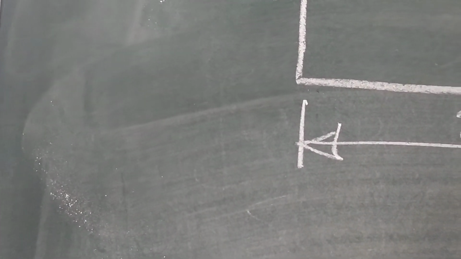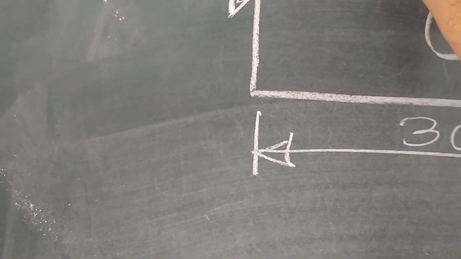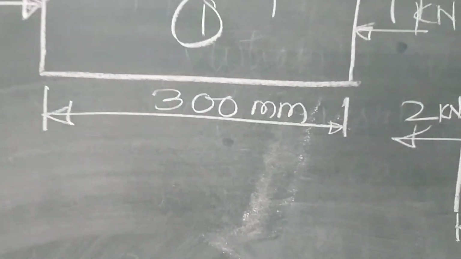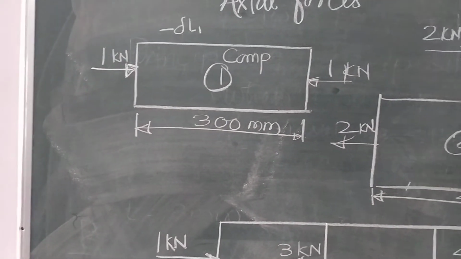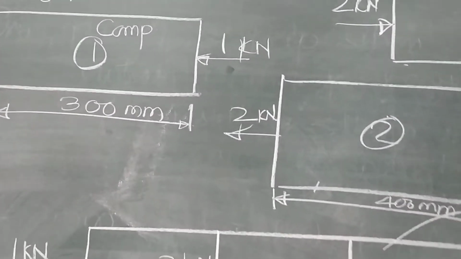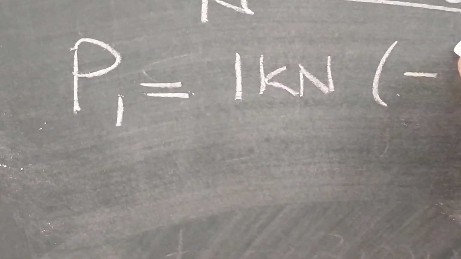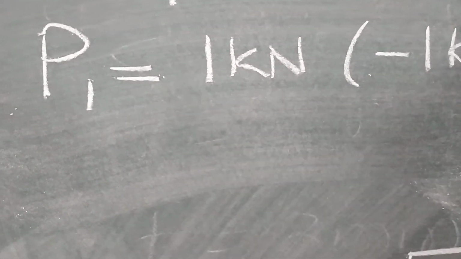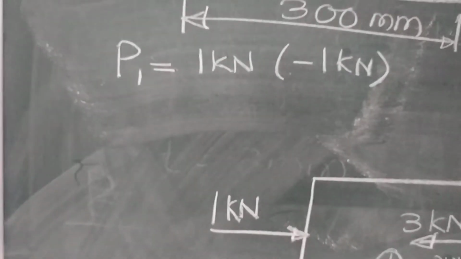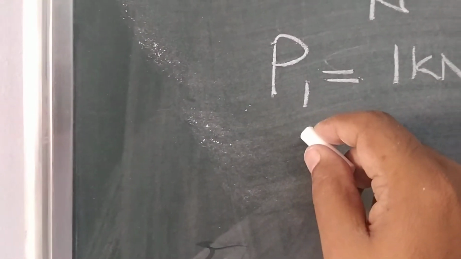It is a compression type, that means here minus delta L1, because the force is different. So P1 in this case is 1 kilonewton, or if you want to use convention, then minus 1 kilonewton, because it is compressive in nature.